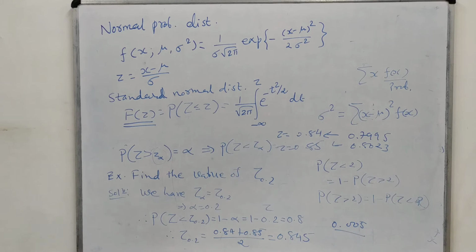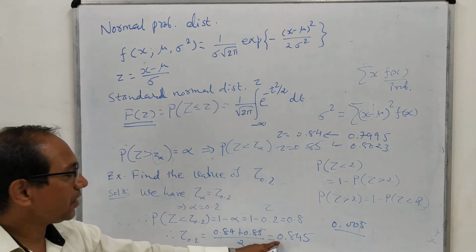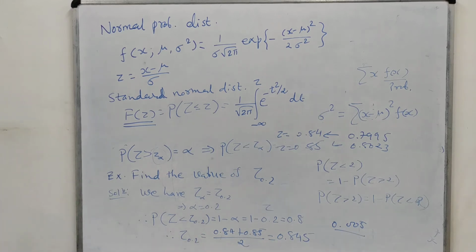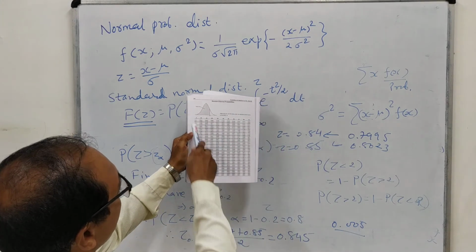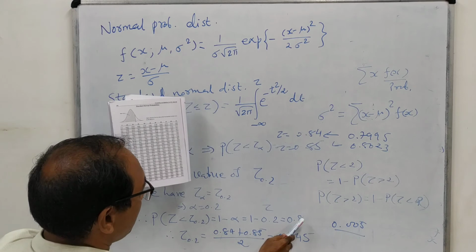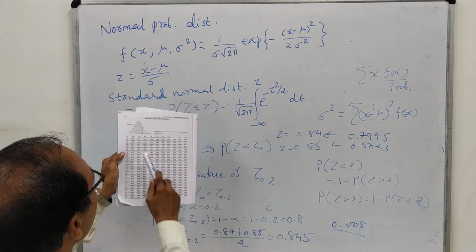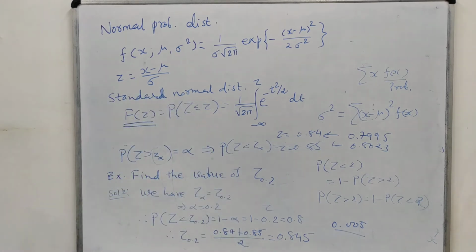Okay, so the value of z you can find in the z column, and this is the probability. Corresponding to the probability, you can find out the value of z very easily.